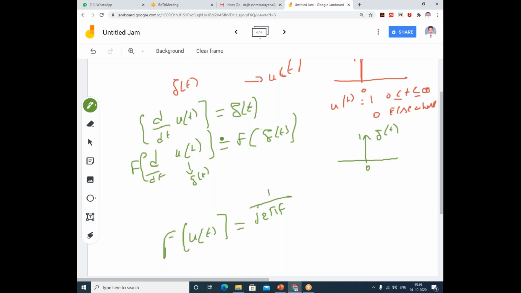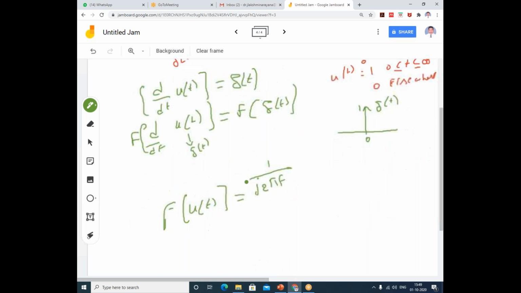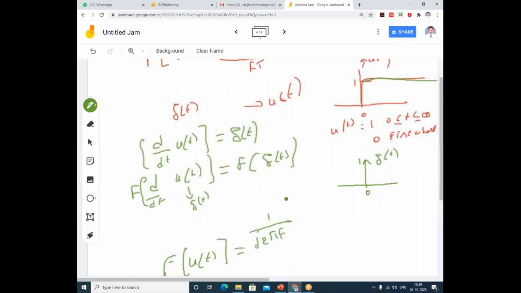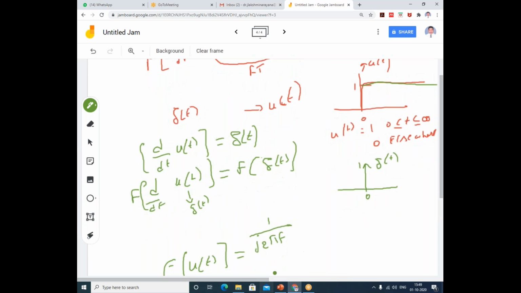Now, from this property, in the place of G of f, I can write the Fourier transform of u of t, which is nothing but 1 by j2 pi f. This j2 pi f and this j2 pi f get cancelled, so that I will get 1.